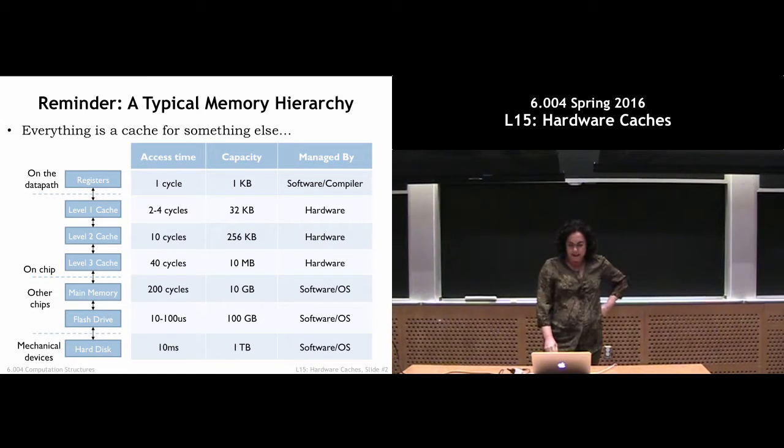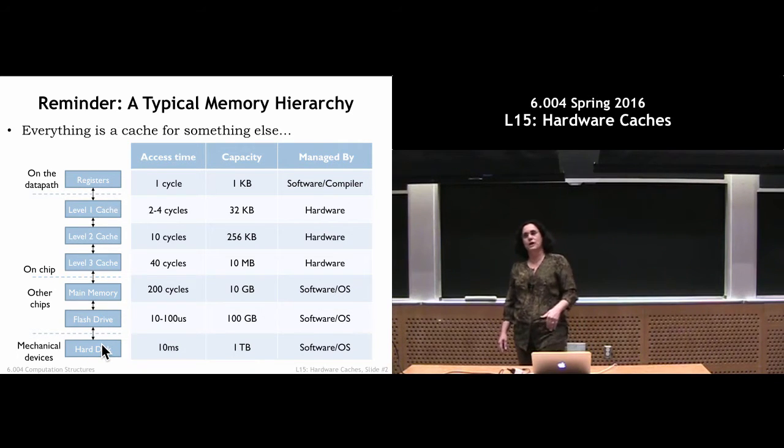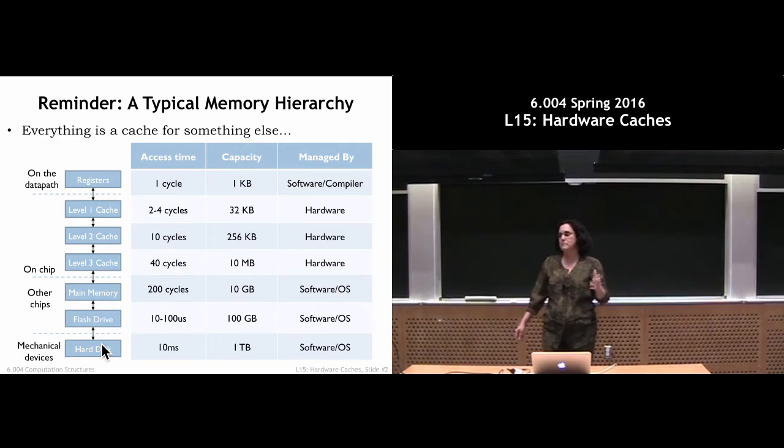We ended up with this memory hierarchy where we start off with registers being our fastest, then potentially multiple levels of cache implemented in SRAM, then our DRAM main memory, then a flash drive, and then a hard disk. The further down you go, the slower the performance, but the more capacity you can get.